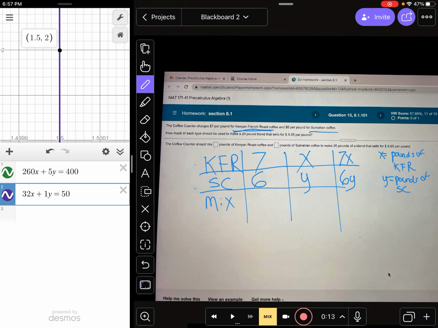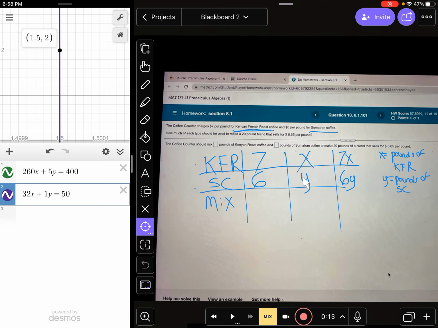Now for the mix, I'm going to get the mix information from right here. How much of each type should be used to make a 20-pound blend that sells for $6.65 per pound? 20-pound blend. Remember, right here, these are our pounds.